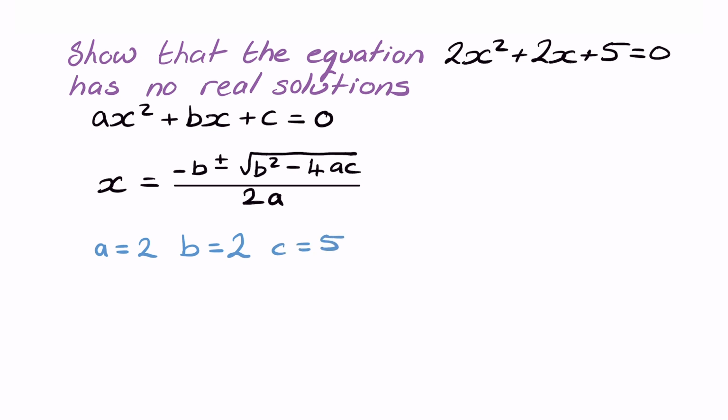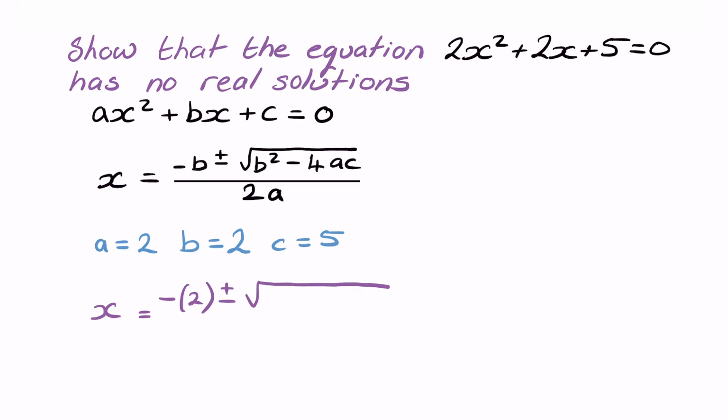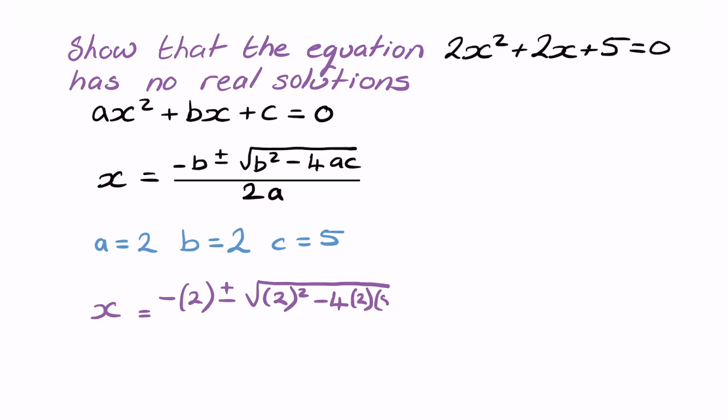Plug our values in, minus 2 plus or minus. We have b squared, so pop a bracket there, squared minus 4, bracket the a, which is 2, and bracket the c, which is 5, all over 2 multiplied by a, which is 2.